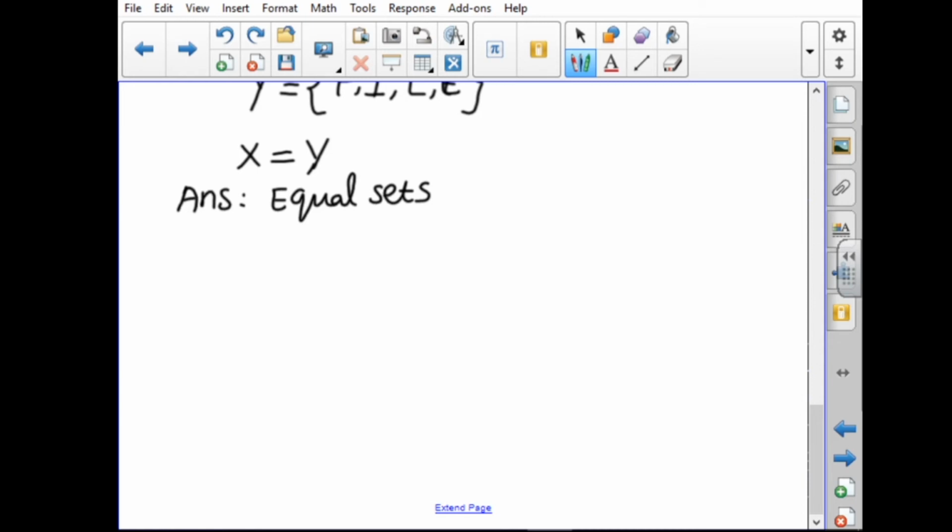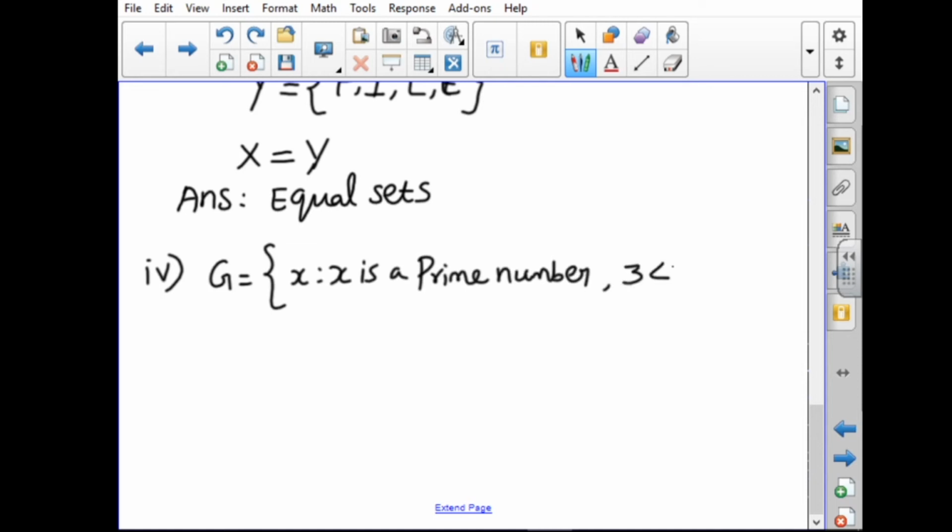Then the fourth one. G is equal to the set of x such that x is a prime number and 3 less than x less than 23.